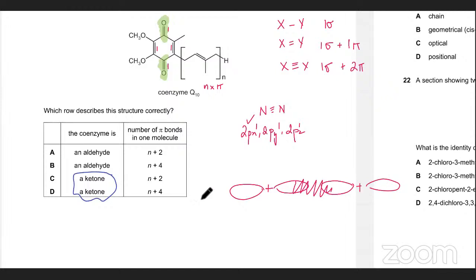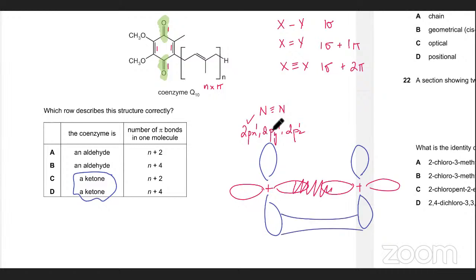There's overlapping and the middle part gets filled up. The electrons get stuck in the middle. Then the 2py of one atom, so this is the y-axis, and the 2py of the other atom, they would start overlapping and form a pi bond. Their overlapping would be above and below.